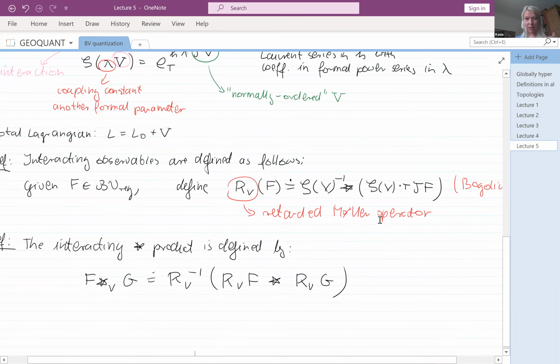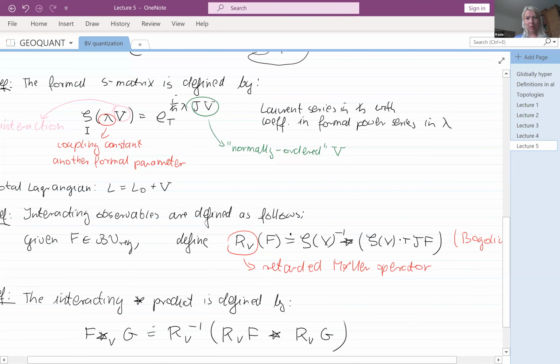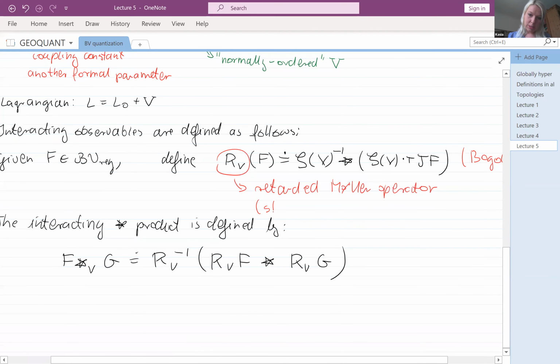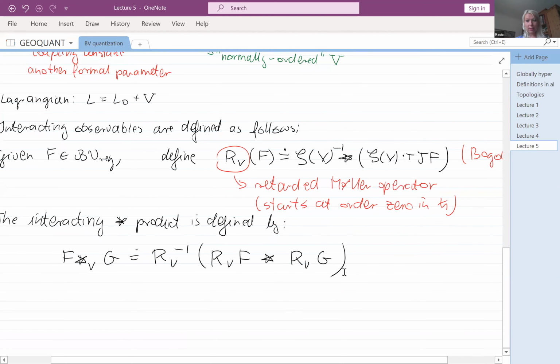So it's not entirely obvious because the S matrix is a Laurent series, so it could have negative orders in ħ. R_V actually has only non-negative, so it starts at order 0 in the ħ. And here there is another nice thing.